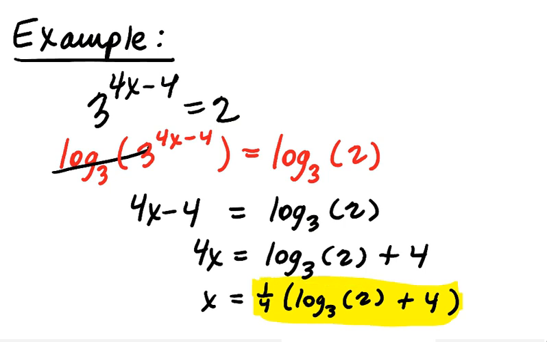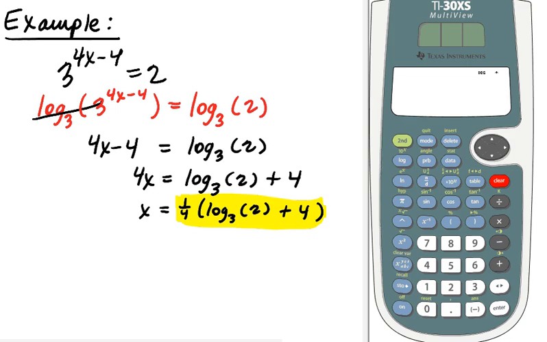Should we need an approximate answer, we can go to the calculator. I'm not even going to bring it in, but actually, I guess I will. It's a pretty weird looking thing, so I'm going to do that real quick. What I would recommend is writing it exactly like you see it on your sheet of paper.